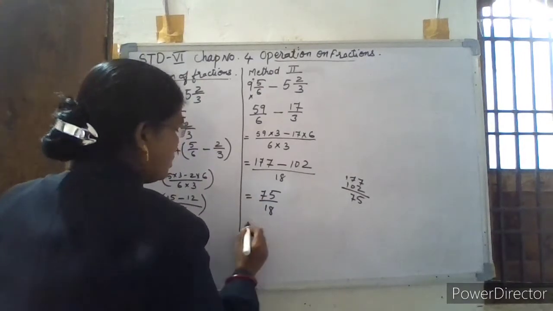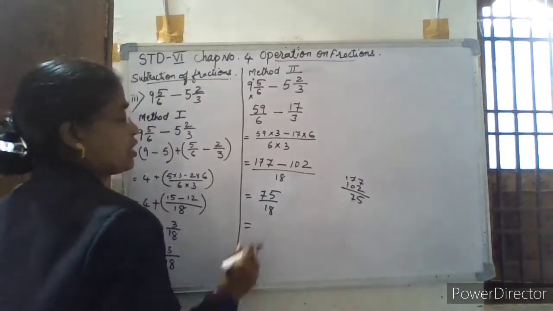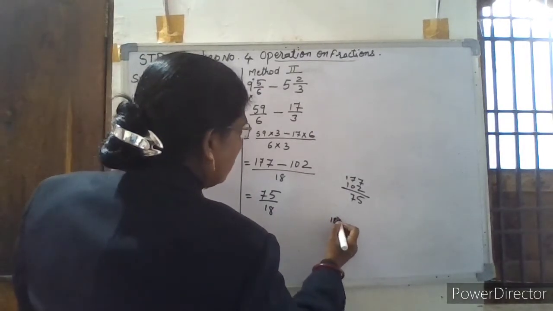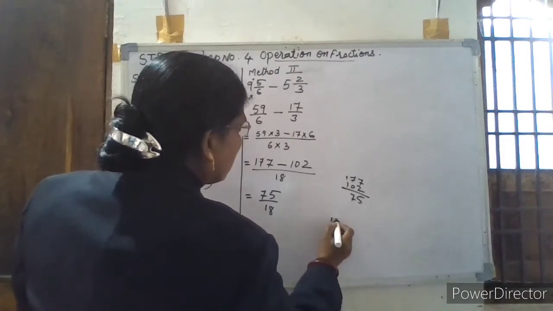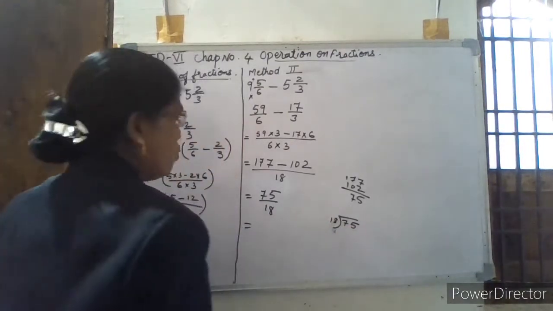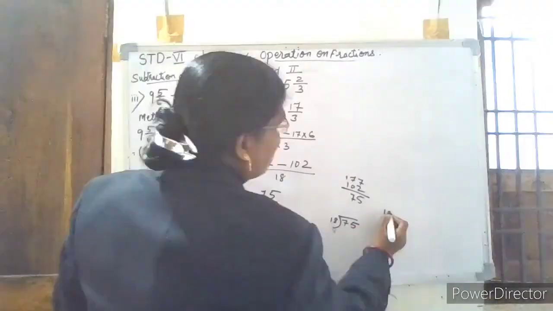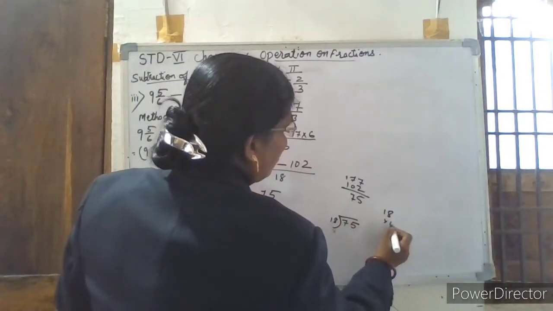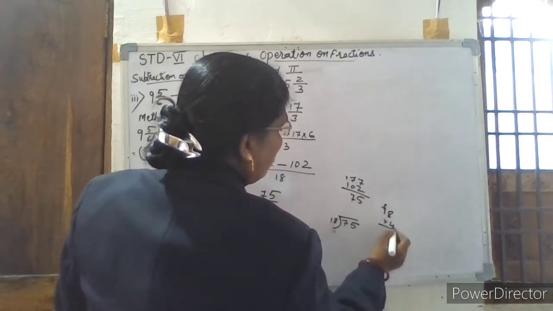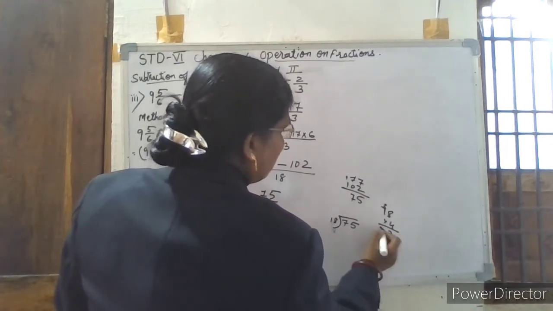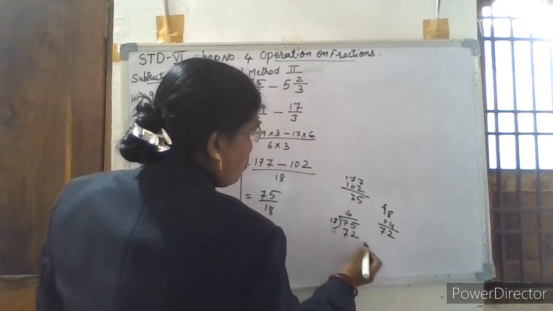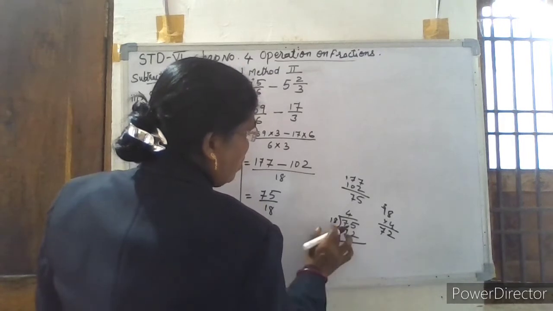Now this is an improper fraction, converted into mixed fraction, that is 75 divided by 18. So see, 18 4s are 72, remainder 75 minus 72 is 3.